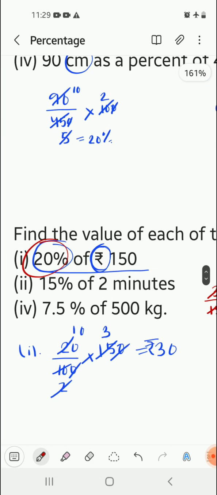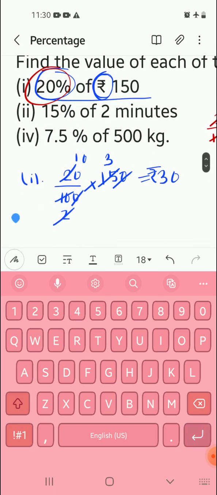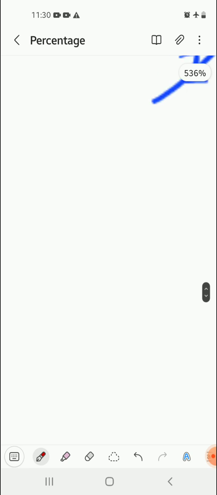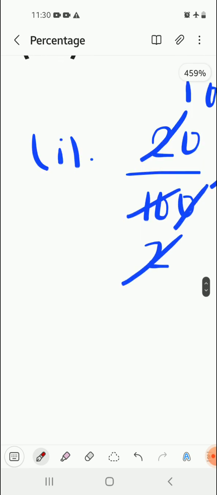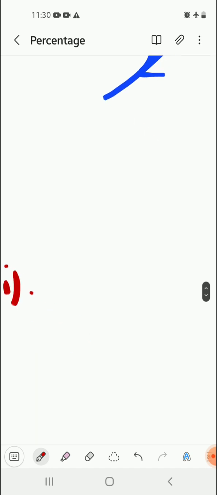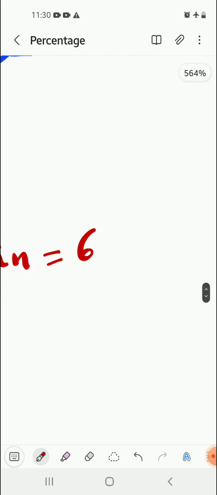Next, 15% of 2 minutes. So we have to find out 15% of 2 minutes. Now 2 minutes is a small number, so what we do is convert it into seconds in order to make it simple. So 1 minute is 60 seconds.